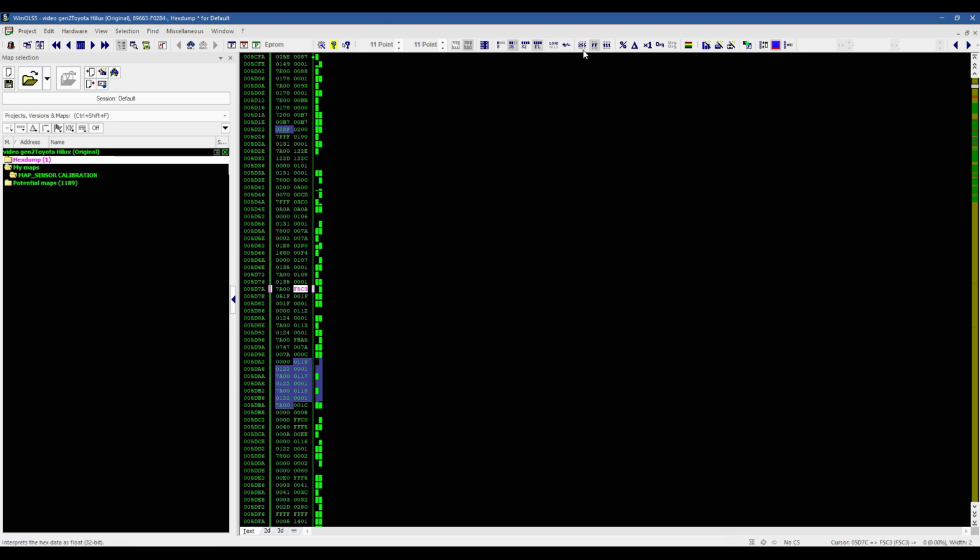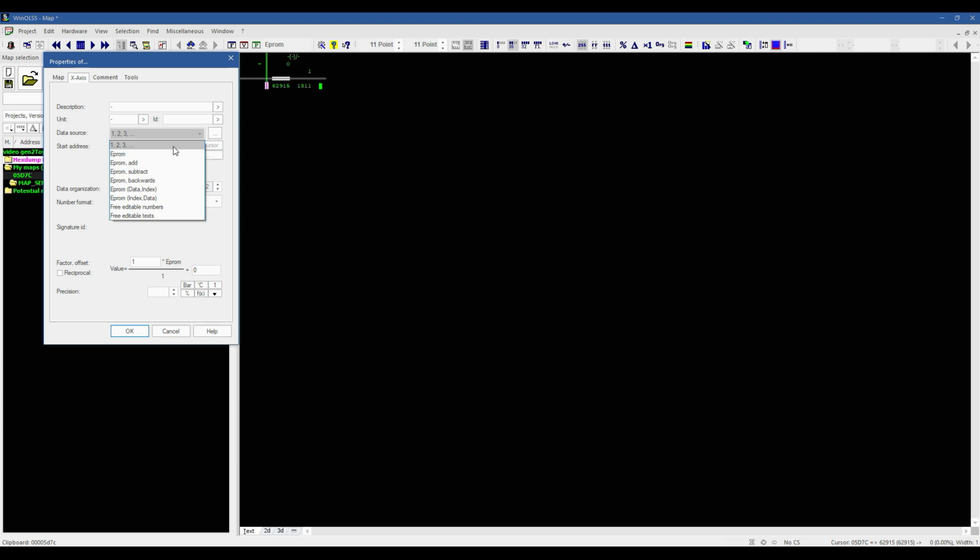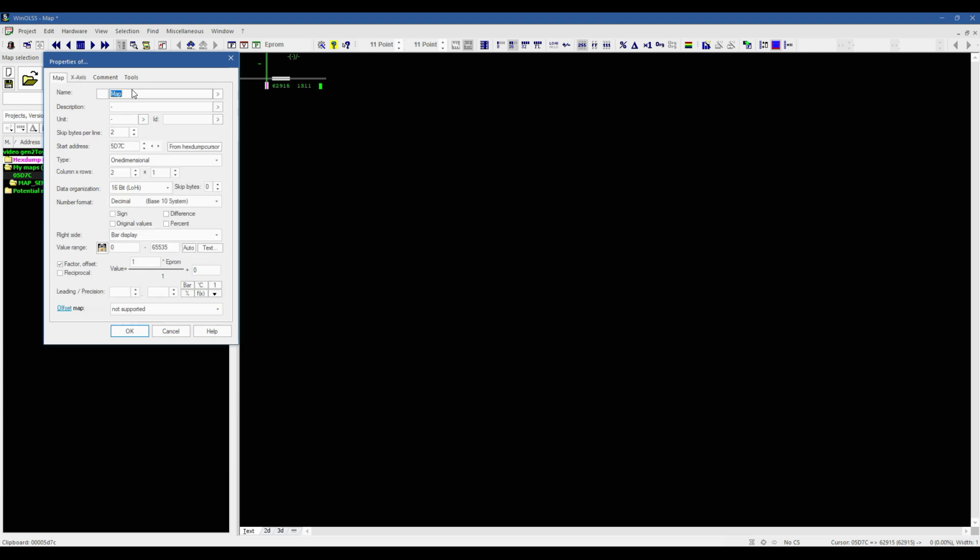And they were, I think this one came first and the other one came right after it. So 62,000 in decimal, and then we're going to go ahead and, yeah, that's right. Okay, and X is going to be editable text, and we're just going to say map sensor volt max min.